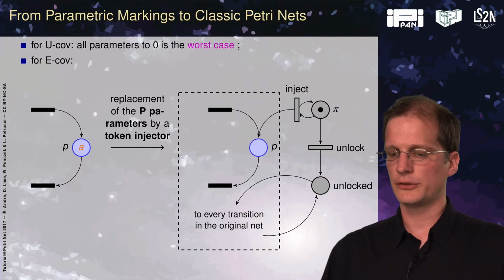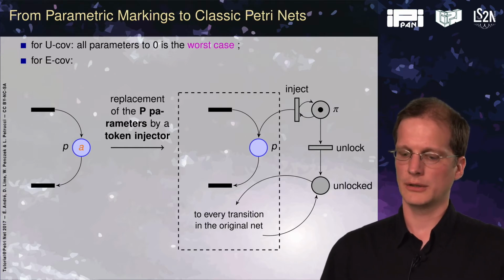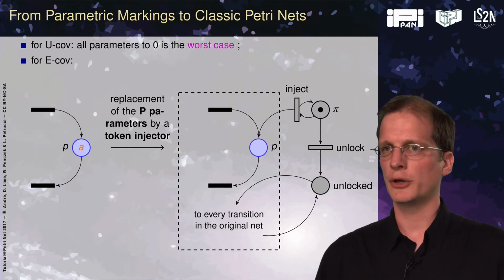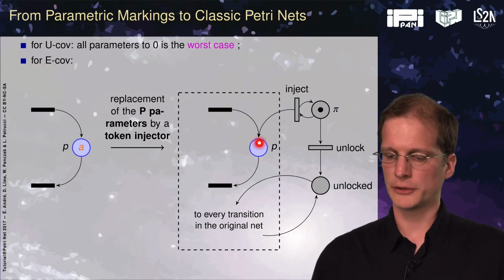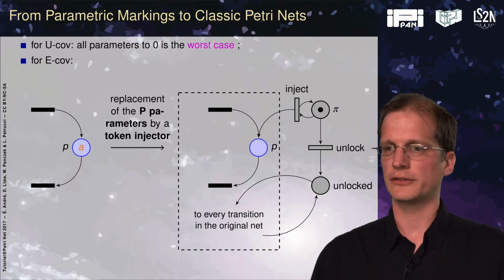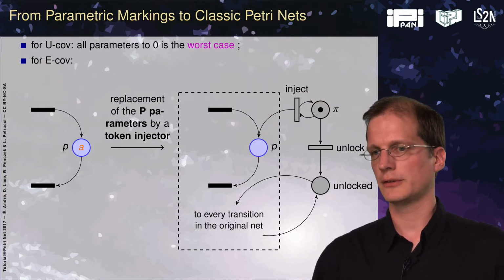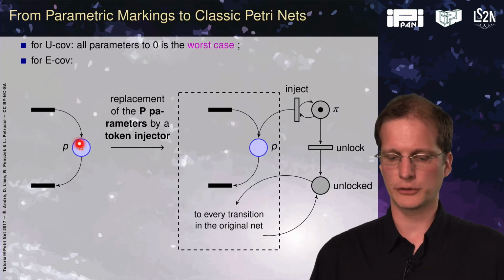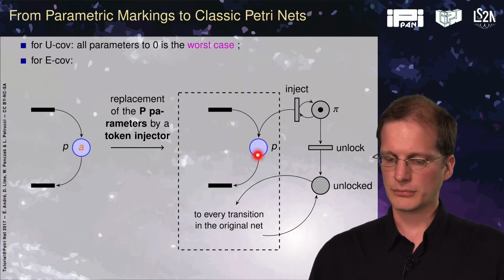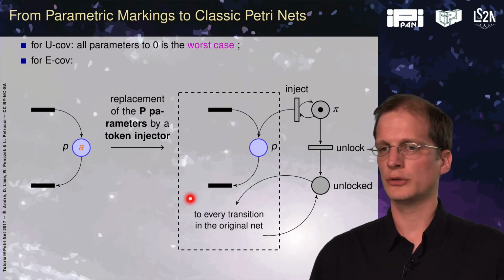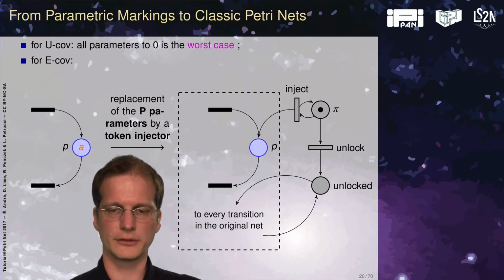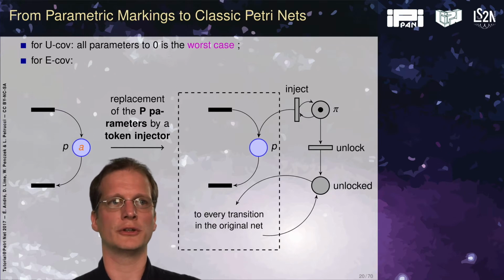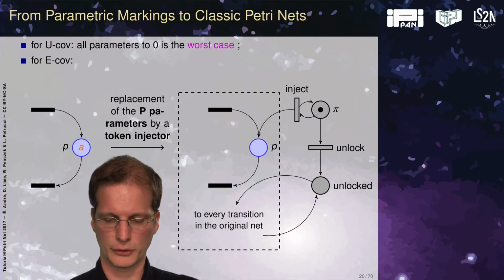And in this case, you see that we will have some marking which is coverable if and only if there is first a possibility, a run that will put as many tokens as necessary in the places that were initially marked with a parameter, and then which proceeds to the marking to be covered. So like this, we can simulate and detect the existence of a parameter evaluation that permits the coverability of a marking.